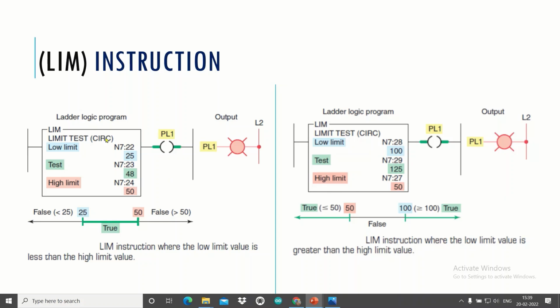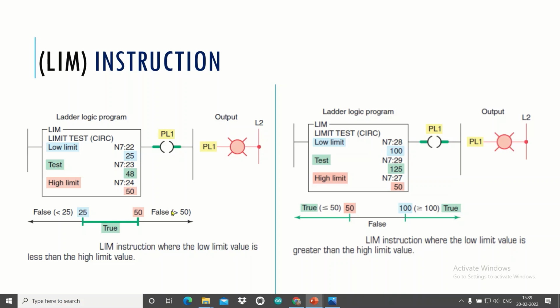You can see the first condition. The low limit is 25, the high limit is 50. You can see here very easily on this number scale, this is 25 and this is 50. So if your test value, that is the parameter value, is less than 25, the condition will be false.